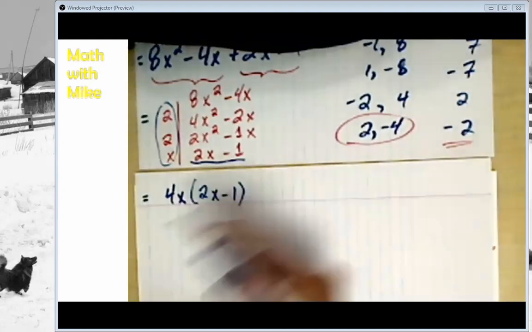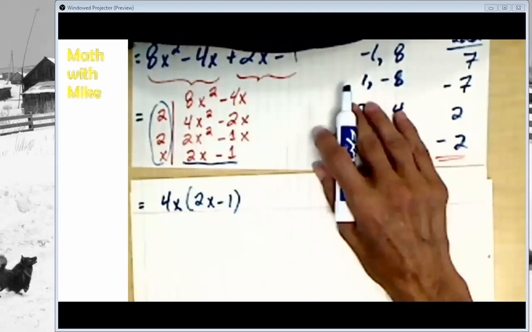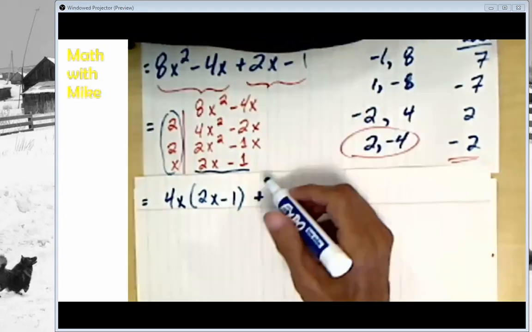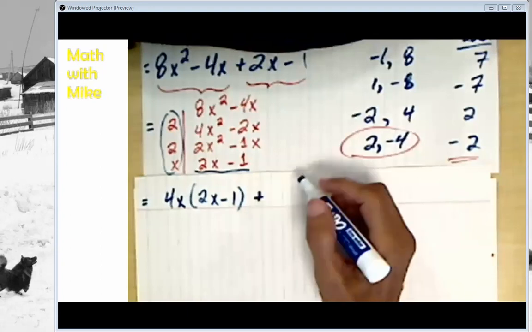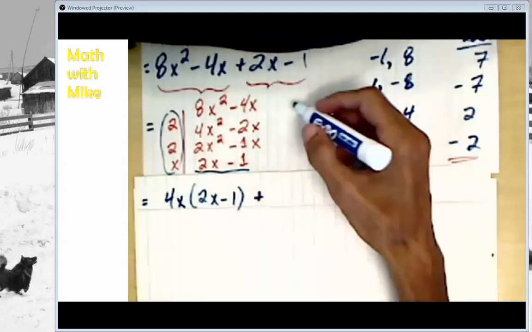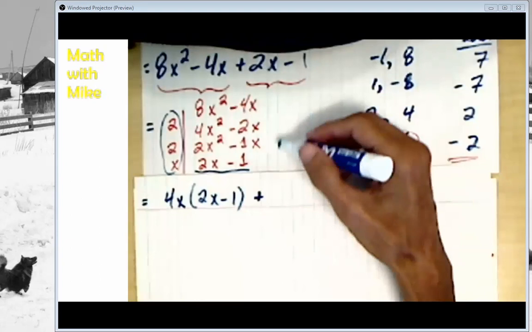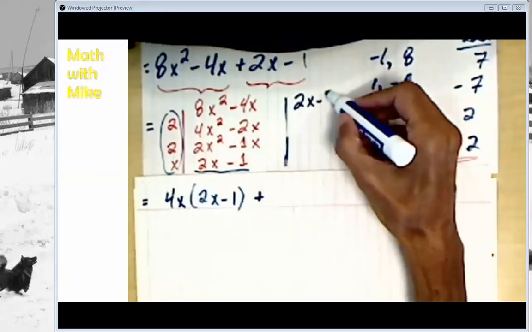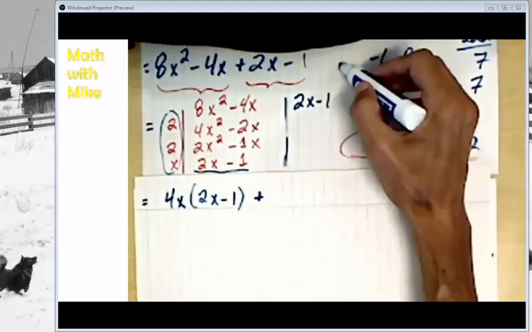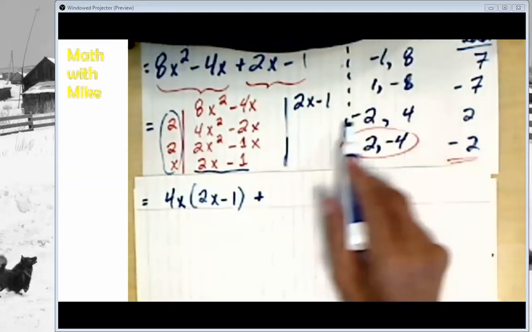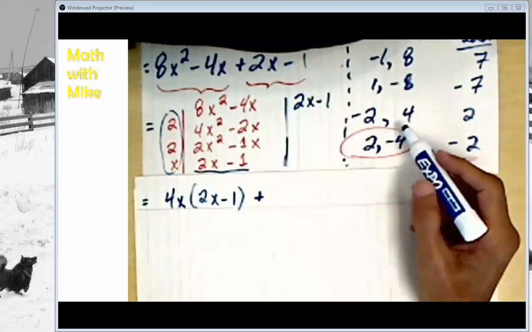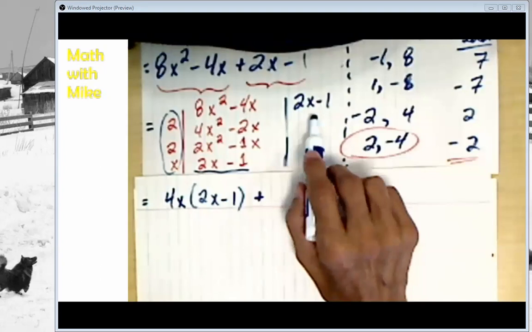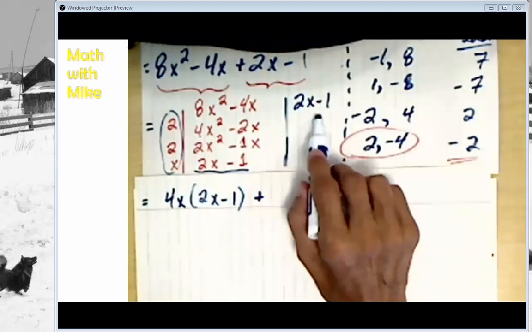Now it's off my page. Is it off my page? No, it's just on my page. Still plus 2x minus 1. Okay, so we can try the same thing with this. Try and find the GCF. Okay, but notice there isn't any. The only number that divides 1 and 2 is 1.